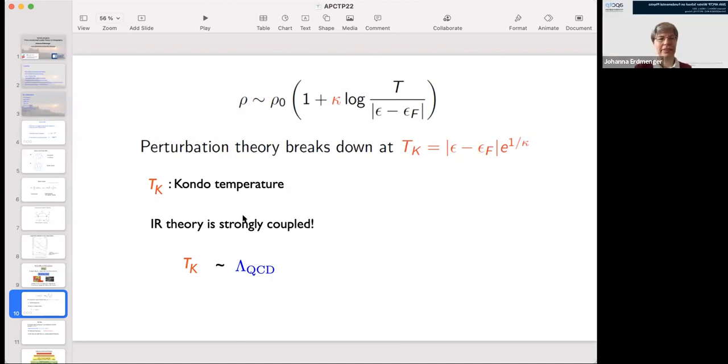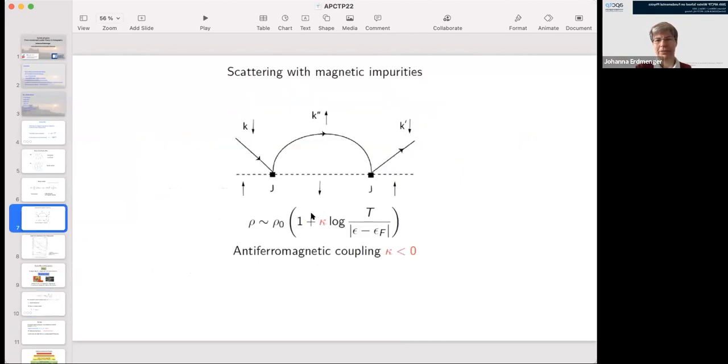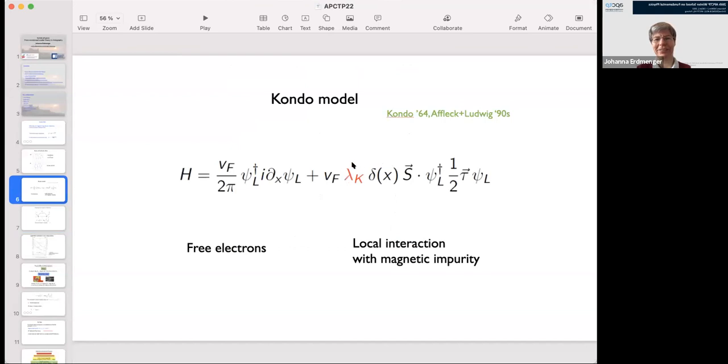Yeah, it's just this antiferromagnetic coupling that we introduce here. It's just the coupling between the impurity spin and the electron current. Kappa was not in the starting Lagrangian. Yeah, I'm sorry, I think it's related to this. My notation is not really good. It's essentially related to this one up to this v_F and so on.